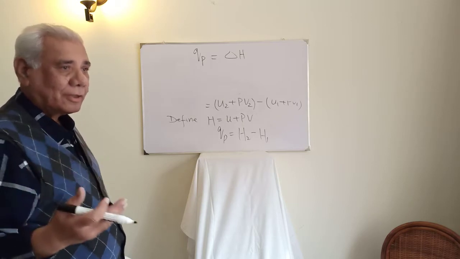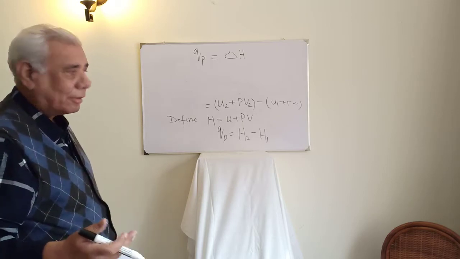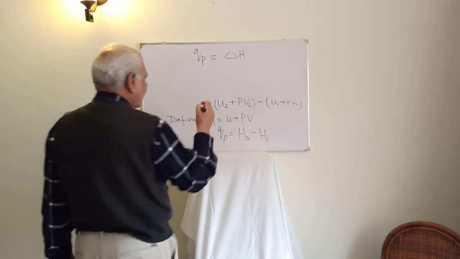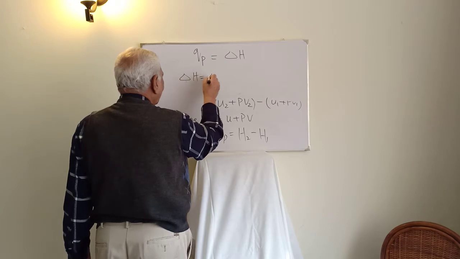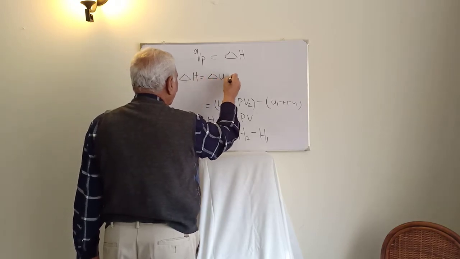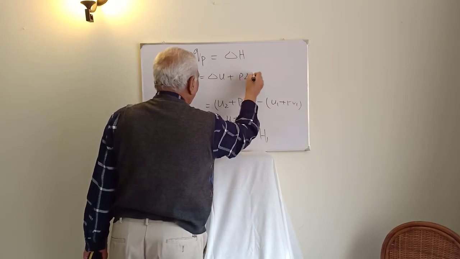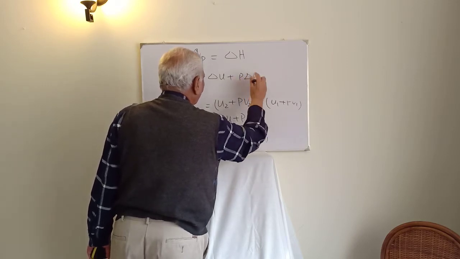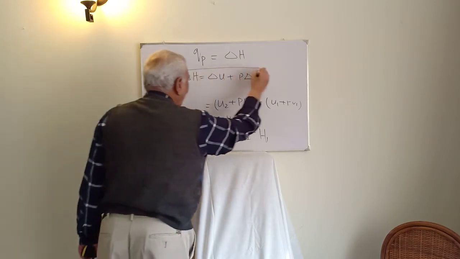And what is that constant pressure? It is the atmospheric pressure. So here you see delta H is delta U plus P delta V.